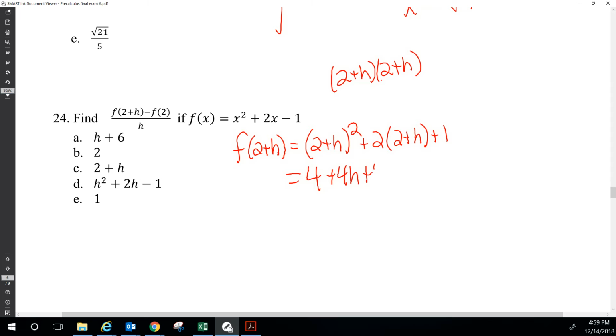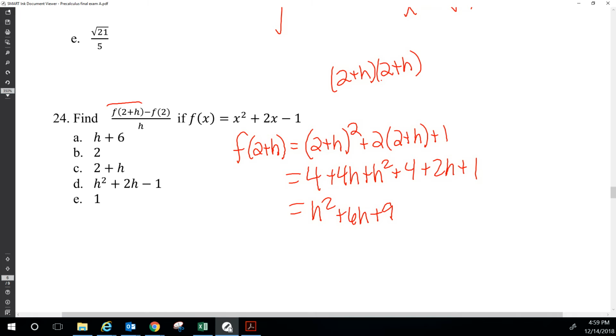H times h is h squared. Plus 2 times 2 is 4. Plus 2h plus 1. And so this will be h squared. 4h plus 2h is 6h. 4 plus 4 is 8 plus 1 is 9.